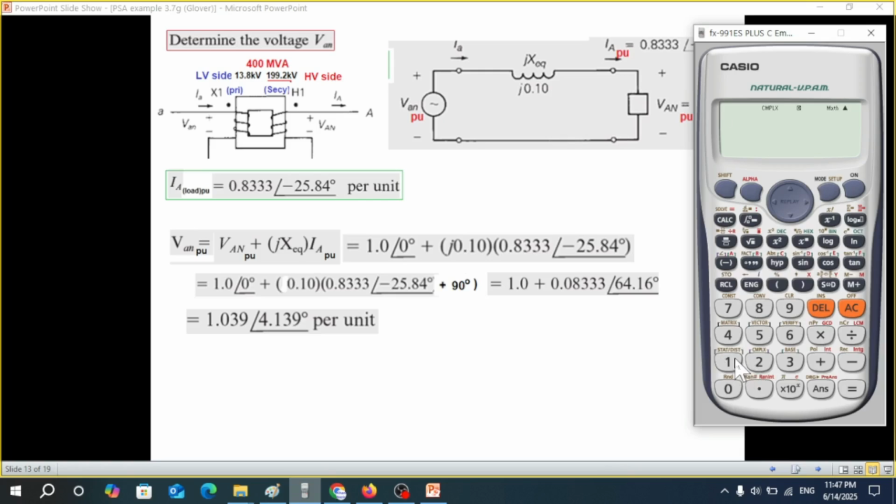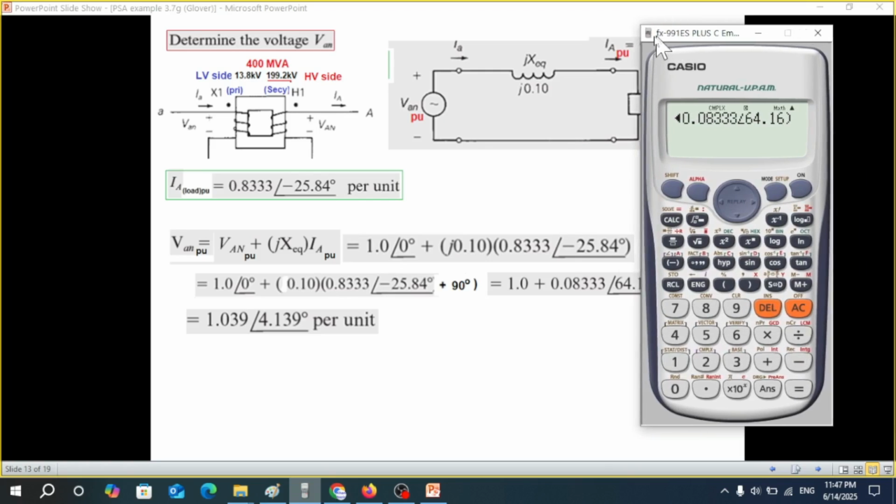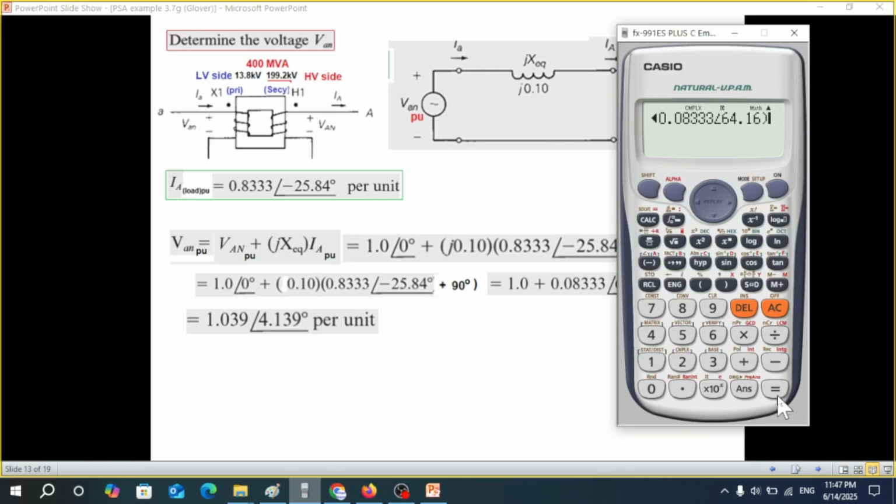This was the mistake, so let's do it again. 1.0 plus bracket 0.0833 fifth angle 64.16, bracket close, equal sign.